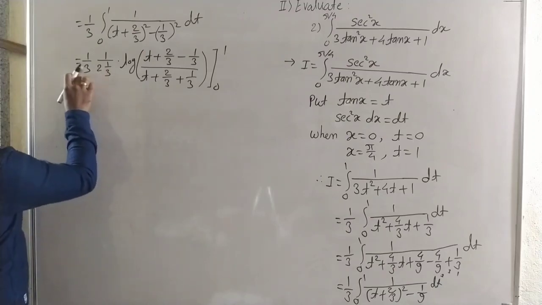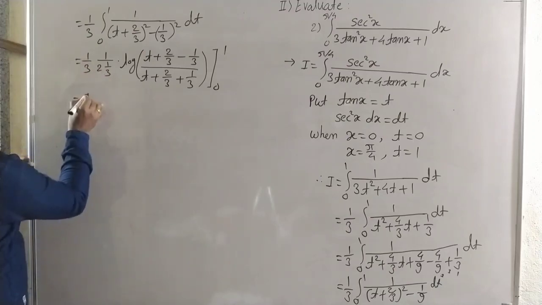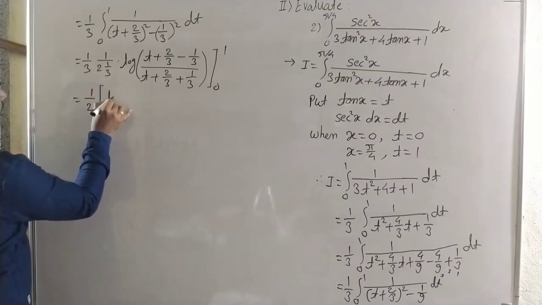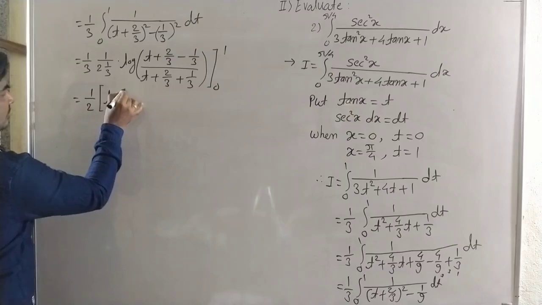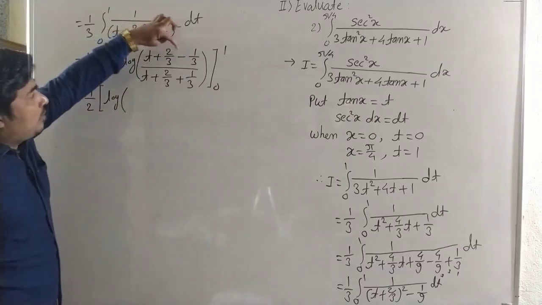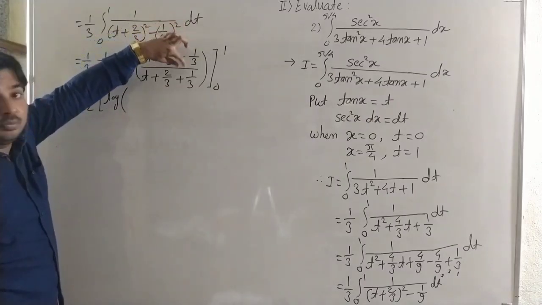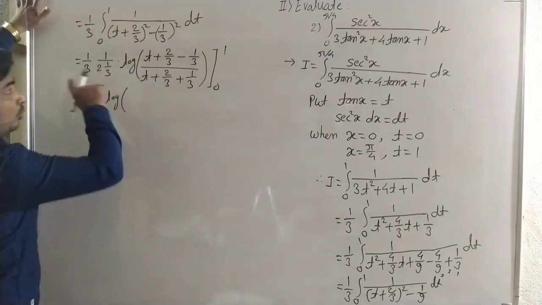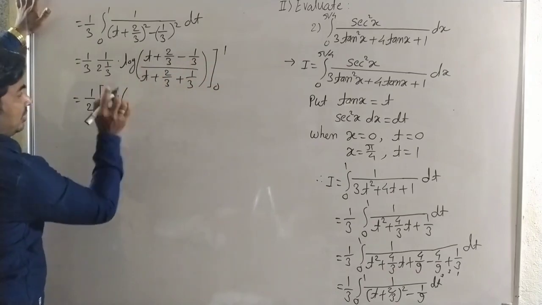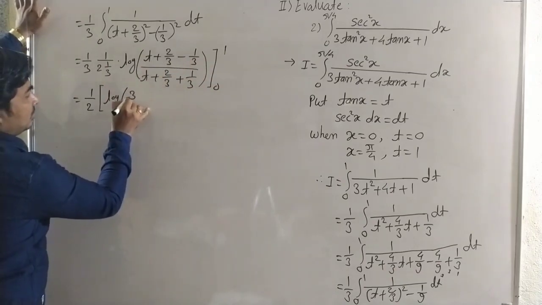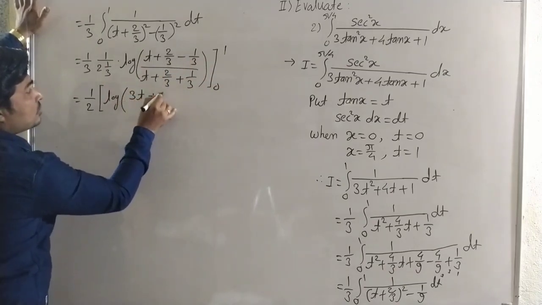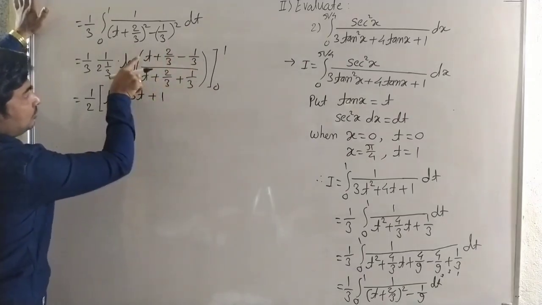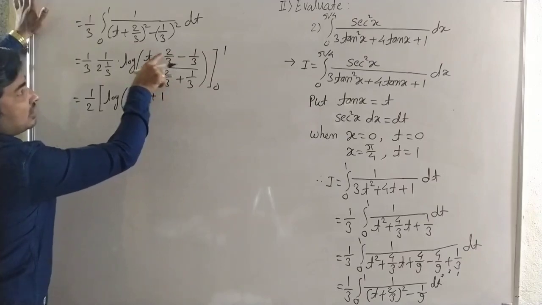Here 1 by 3 and these 3 cancel, so remaining only 1 by 2 we can take outside, and here log of, see carefully this, t plus 2 by 3 minus 1 by 3, it is 1 by 3, and in the denominator 4 by 3. We multiply by 3 numerator and denominator, therefore here 3t plus 1, since 2 minus 1 is 1 by 3, multiplied by 3 is 3t, and here 3 cancels, it is only 1.